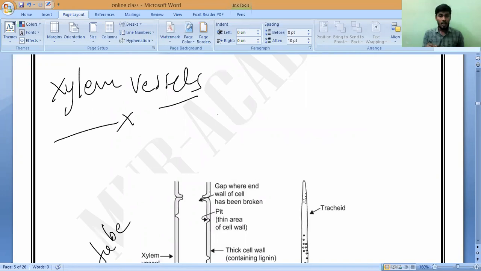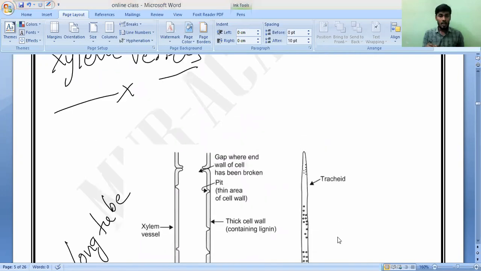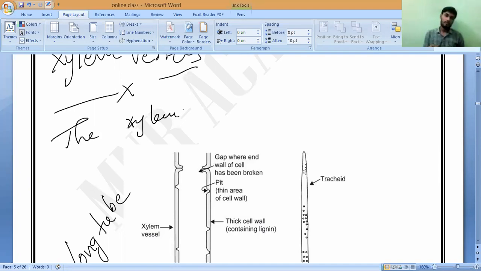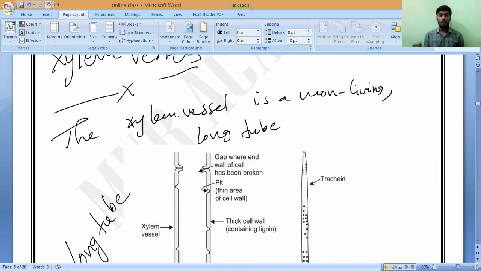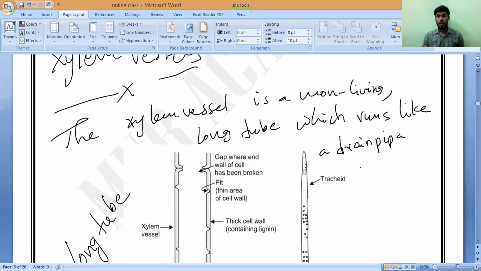What is the definition? Write it. The xylem vessel is a non-living long tube which runs like a drain pipe throughout the plant.